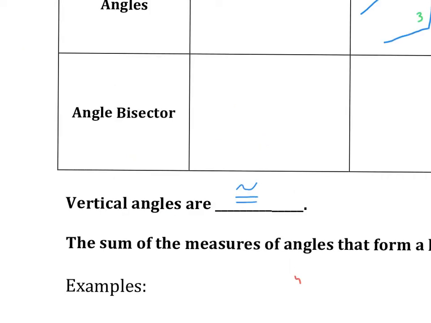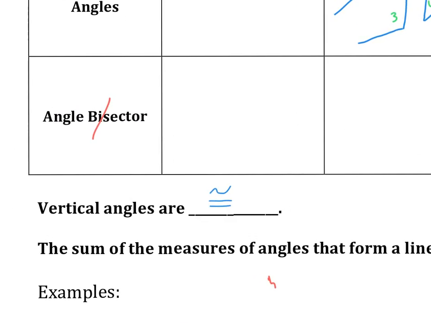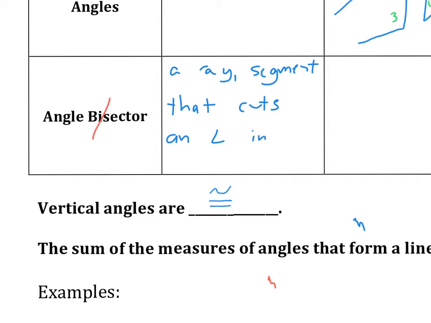So what does bisect mean? To cut in half, or literally to cut in 2, but in 2 pieces that are the same. So an angle bisector technically is a ray or a segment or a line or a plane, technically. It could be that as well. That cuts an angle into two congruent angles.